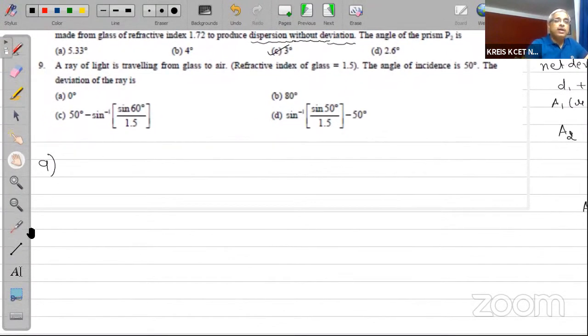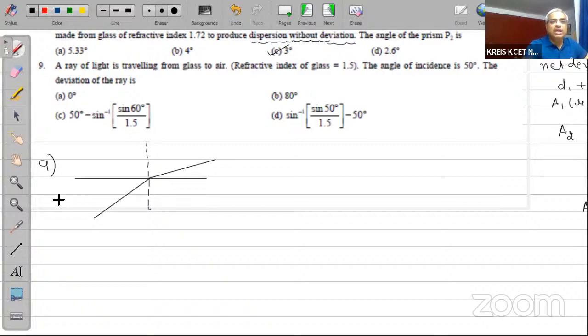Now in refraction, we had spoken about what we mean by this deviation. Light is traveling from glass to air. When it goes from glass to air, how will the refraction be? You all know that the ray of light will now bend away from the normal.